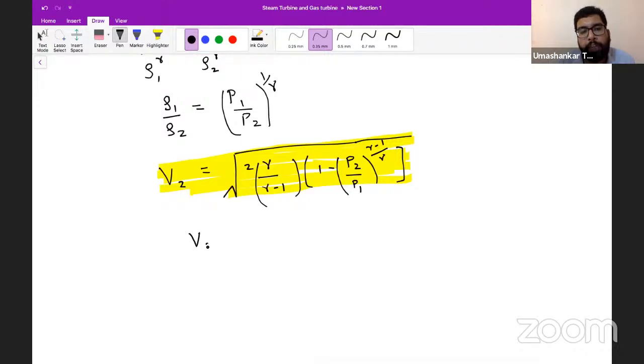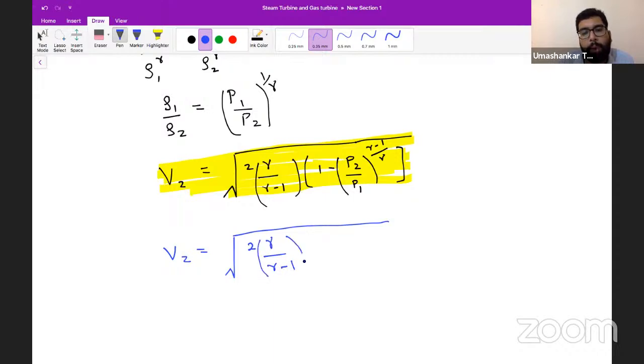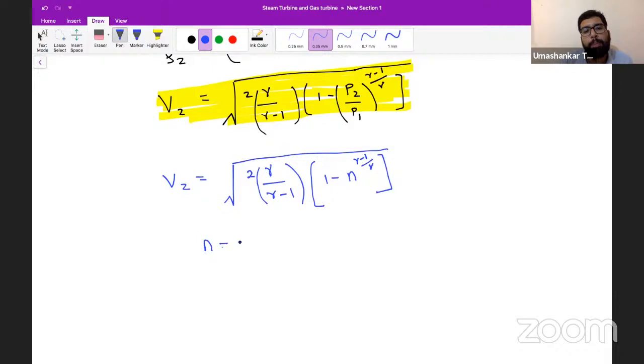Here V2 we can write like this: 2 times gamma upon gamma minus 1, times 1 minus n to the power gamma minus 1 by gamma, where n is the pressure ratio, which is P2 by P1.